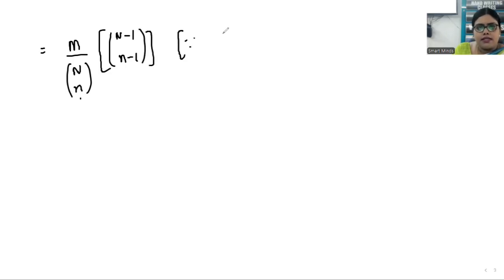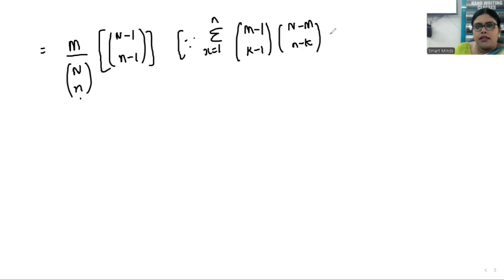Why? Since sigma x is equal to 1 to n m minus 1 C k minus 1 into N minus m C n minus k is equal to N minus 1 C n minus 1.